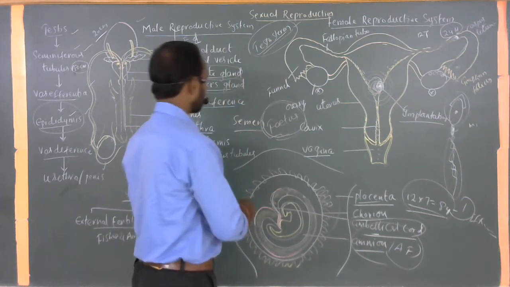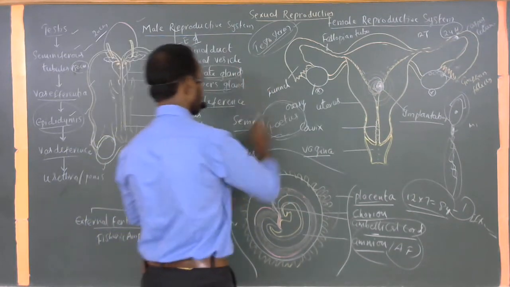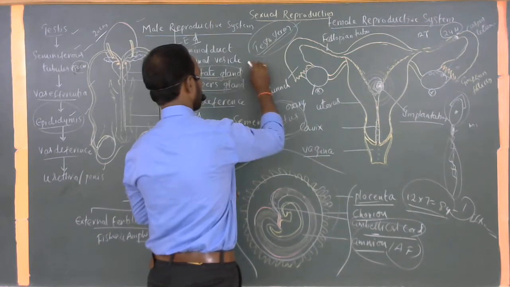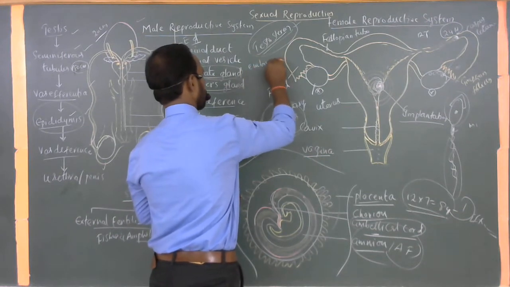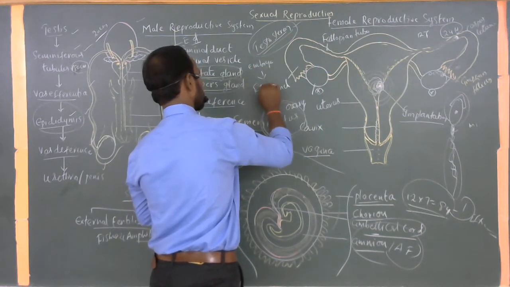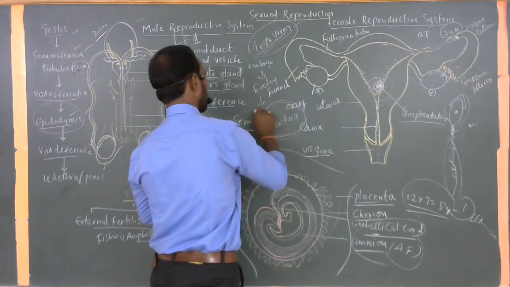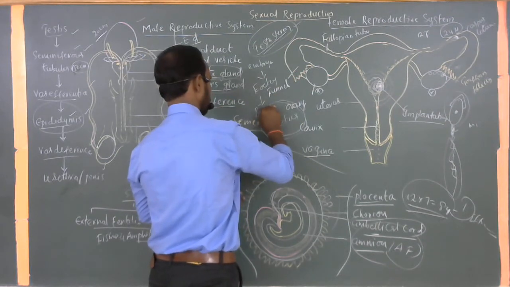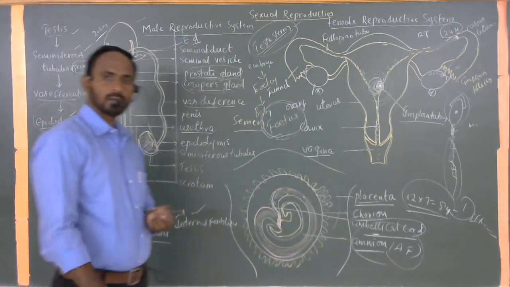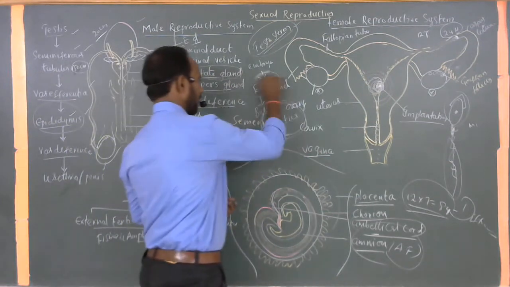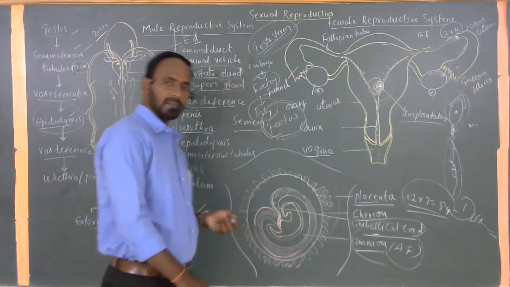The first stage is embryo, then fetus, and after the fetus, the next stage is commonly called the baby.